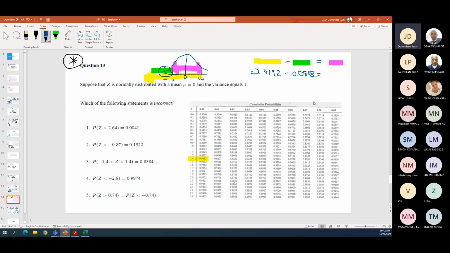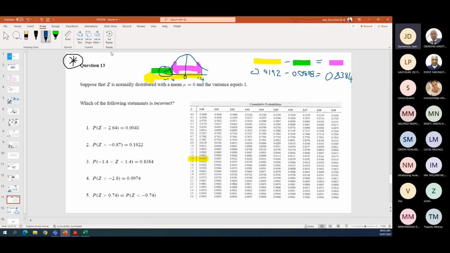So 0.9192 minus 0.0808, and that will give me the purple area of 0.8384. Okay, this one is a tricky one because there's not really a shortcut.